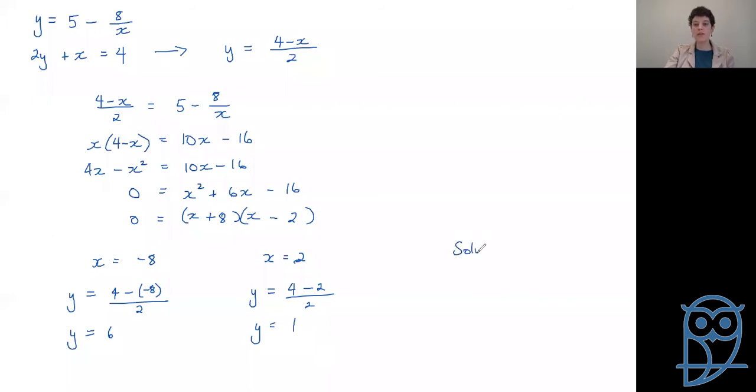So in this case, we have our solution pairs. x equals minus 8, y equals 6, x equals 2, y equals 1. So even when our curve gets a little bit more funky, we are still working through exactly the same process and exactly the same logic of trying to keep things efficient.